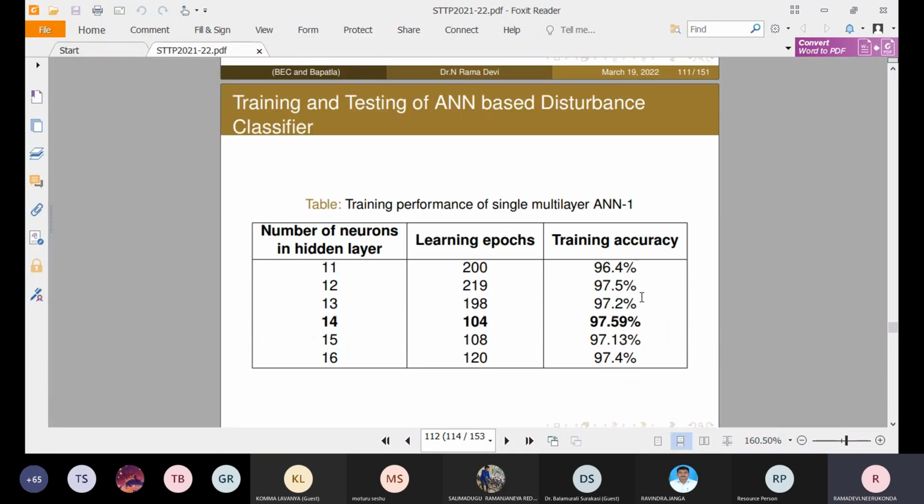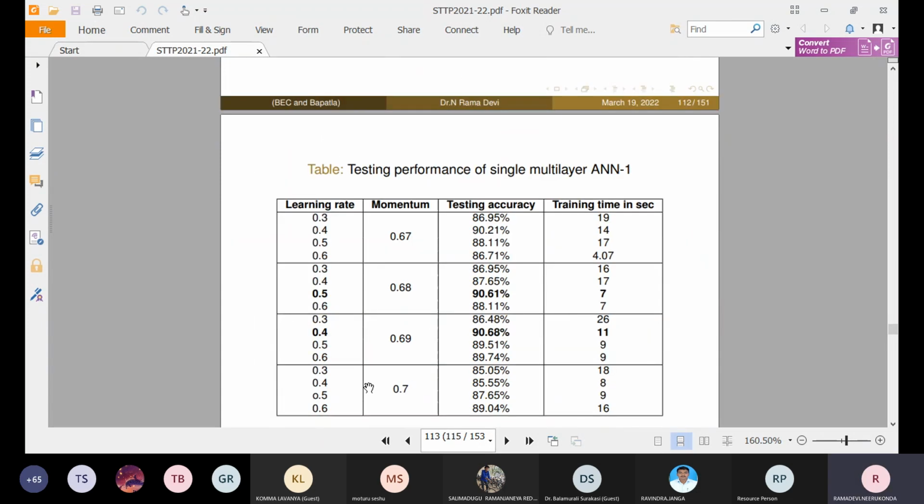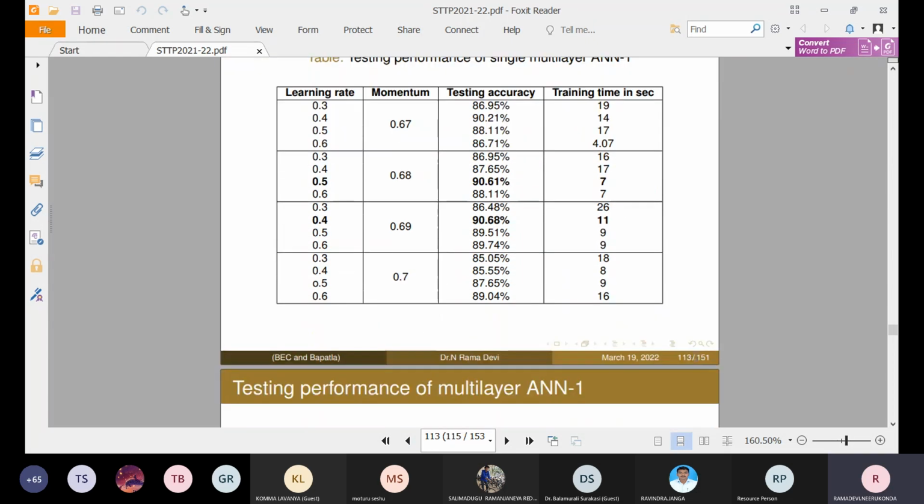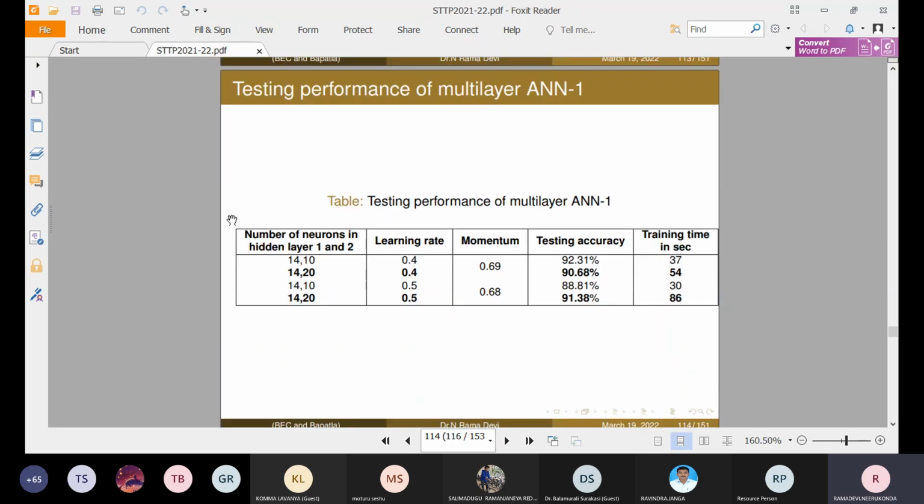So to find the efficacy of the trainer, we take different hidden layers, different epoch values, and different learning rate and momentum values. Because of these variations, we get the effective trainer. The effective trainer given by the system considered for the classifier is 1420.